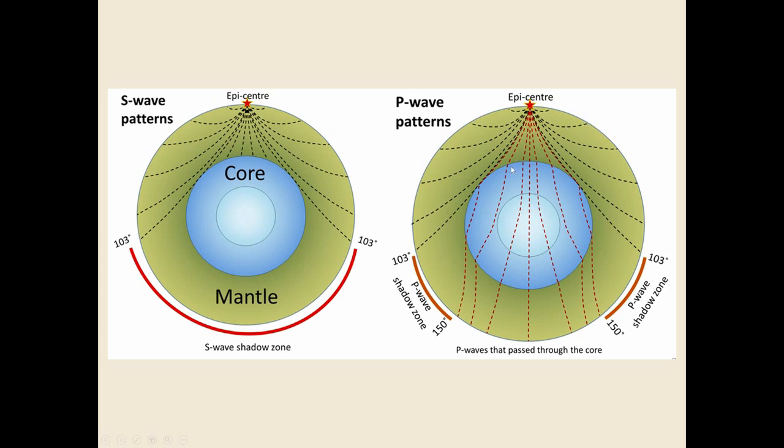So when it gets to the outer core, these compression waves can still pass through it. We're getting some refraction as well, so it's a change in direction due to density differences, and then they're going to come through to the other side. So earthquakes also tell us a lot about how the Earth is made, what it's made of. To get this sort of behavior from these different types of waves, the outer core must be liquid.